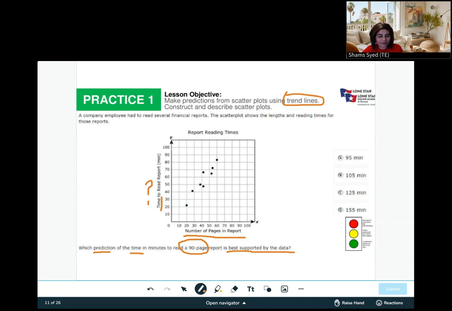Do all that you can do on this graph, on the scatter plot, to figure out, well, for a 90-page report, how many minutes might it take?